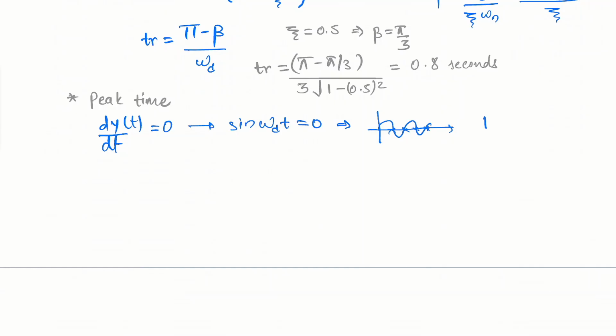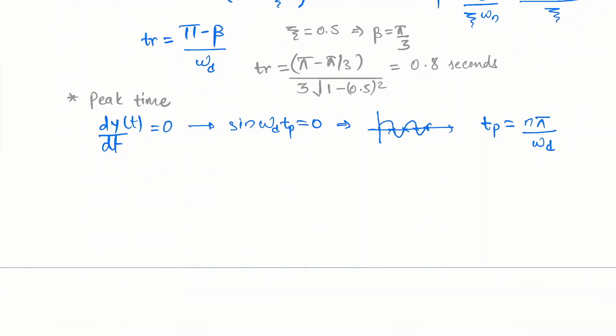So the peak time would be of the form n pi by omega d, and we need to figure out n.